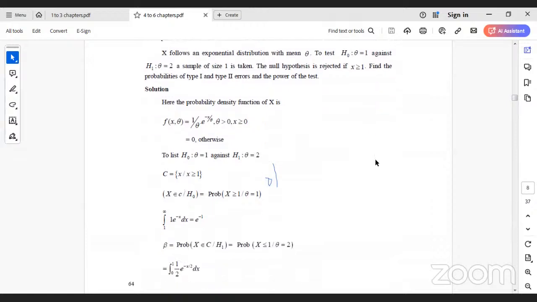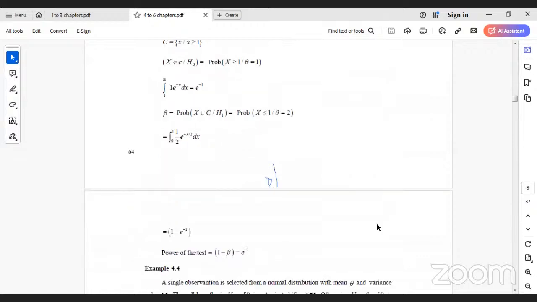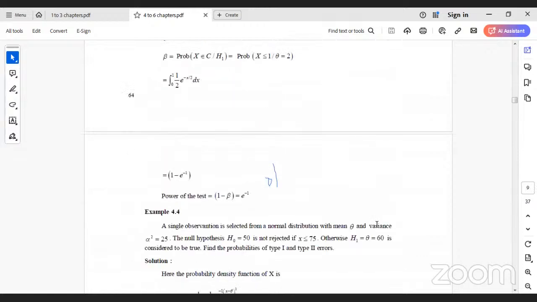Under H naught, theta is equal to 1: the integration from 1 to infinity of e power minus x dx is e power minus 1. And beta is the probability that x belongs to the complement of C under H1, the probability of x less than or equal to 1 when theta is equal to 2, which is the integration from 0 to 1 of 1 by 2 e power minus x by 2 dx, that is 1 minus e power minus 1 by 2.